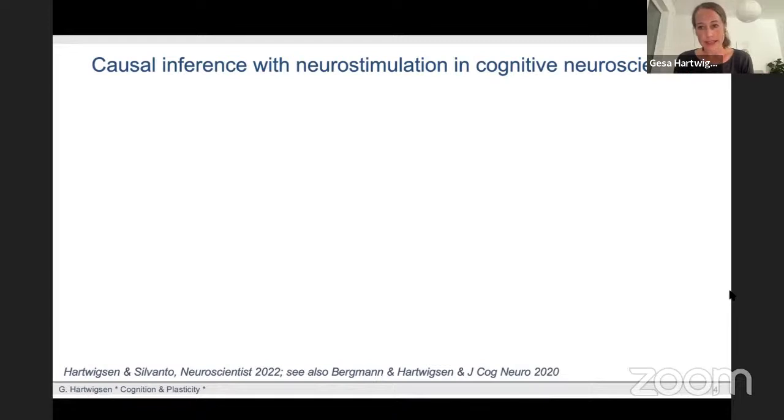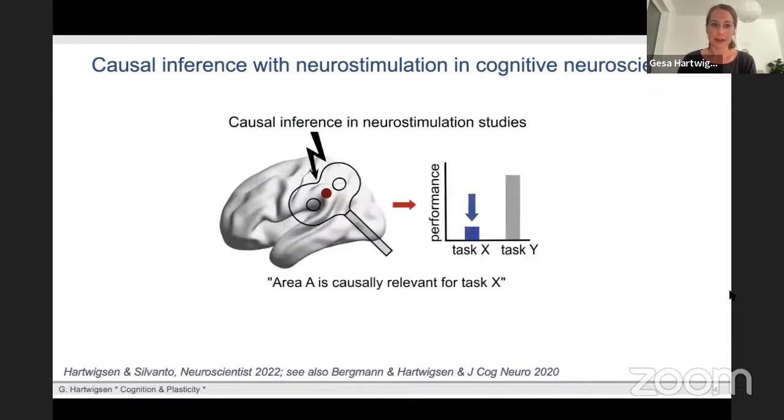And when you look at classical neurostimulation studies in the literature, then it often comes with the promise of causal inference. So the standard rationale is that I perturb a certain key region, for example, a language region, with non-invasive brain stimulation, here illustrated for transcranial magnetic stimulation. And then I look at stimulation-induced changes in task performance.